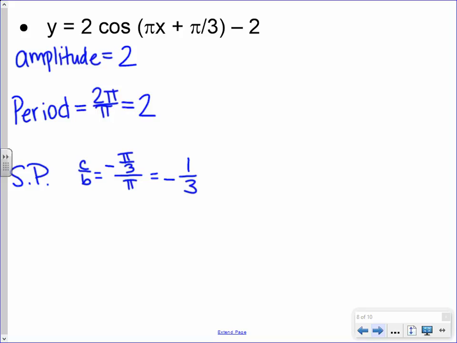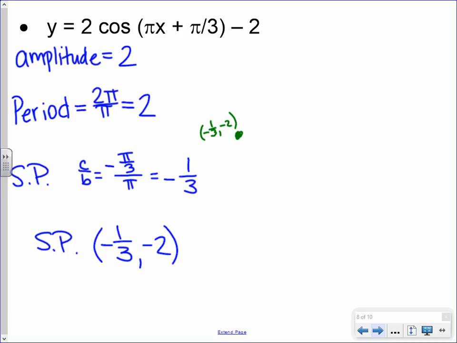So when we identify c, we have to take the opposite. Okay? I did 2 examples like this for a reason. That's going to be easy to forget. So Annie, our starting point is at negative 1/3, comma, negative 2. Our frame starts at negative 1/3, negative 2.